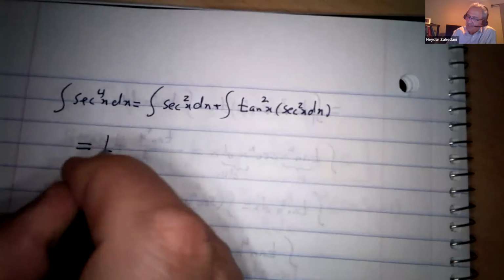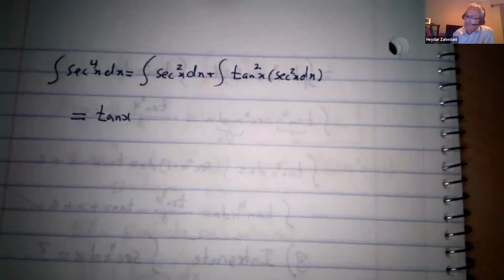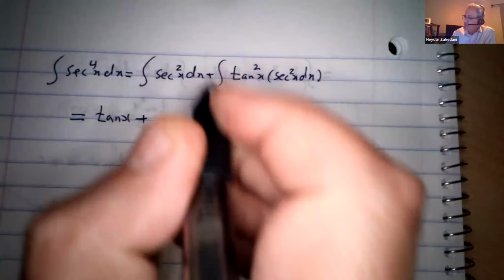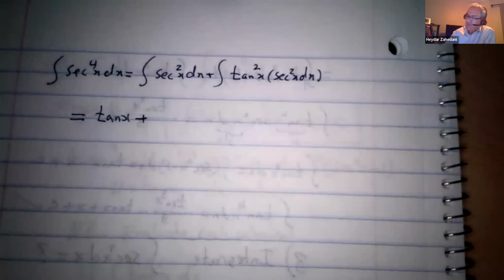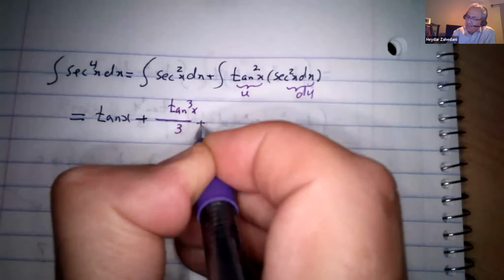Integral of the first one is tangent, because you have a tangent secant square. And this one over here, just use substitution. You see, this is your u, and this is your du. So it's like u squared. So u to the third would be tangent to the third of x over 3 plus the constant c.